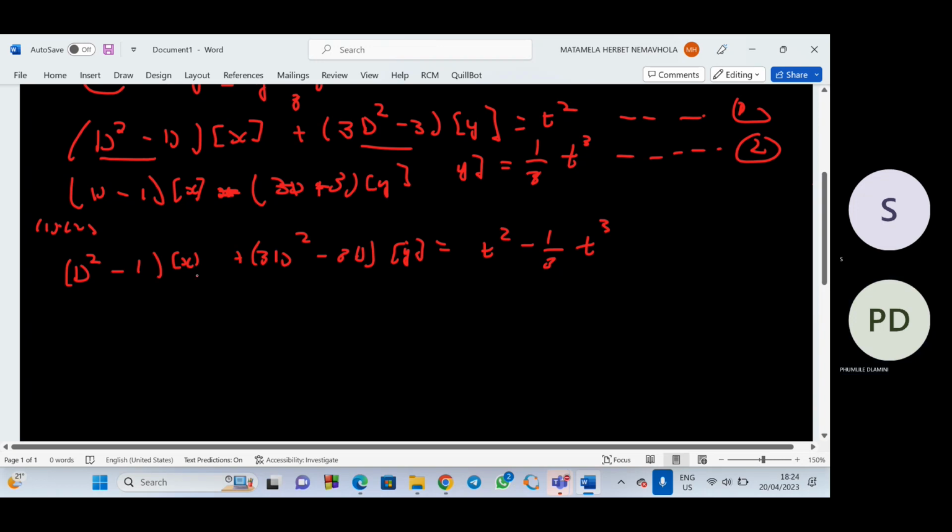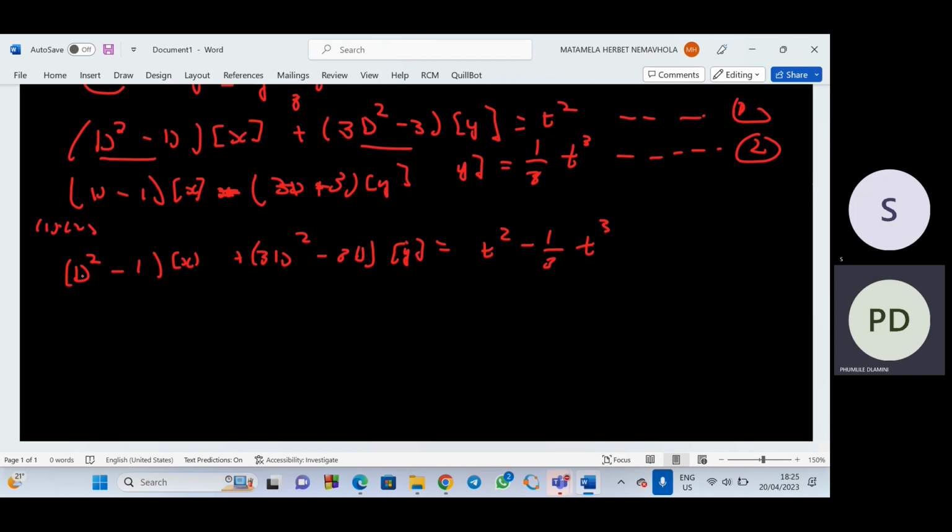So now, when you have done this way, we can now differentiate this. x of t is going to be 1. Then we're going to be left with minus x of t, because the rest is going to be 0.